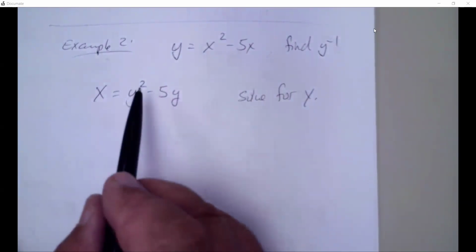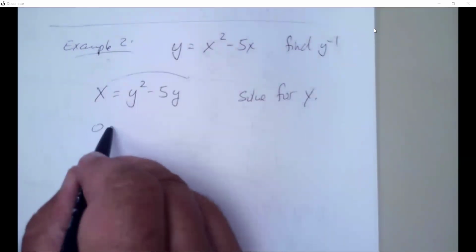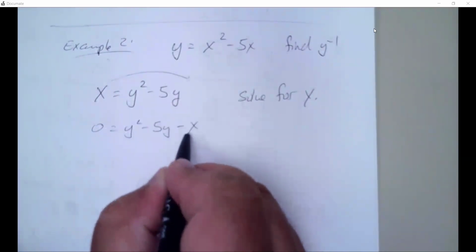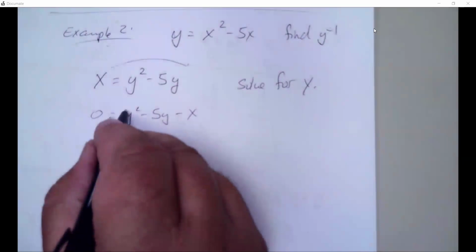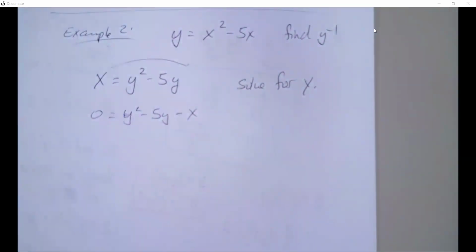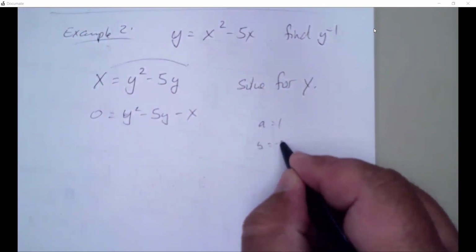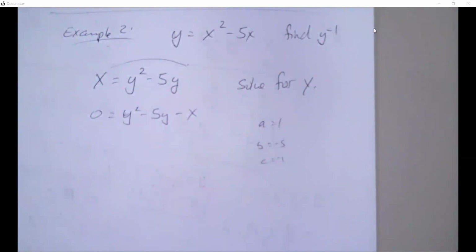Well, what we can try, since it's a quadratic equation, we can move the X over there. It's a quadratic equation where A is 1, B is -5, and C is -X. We could try that, see what happens.